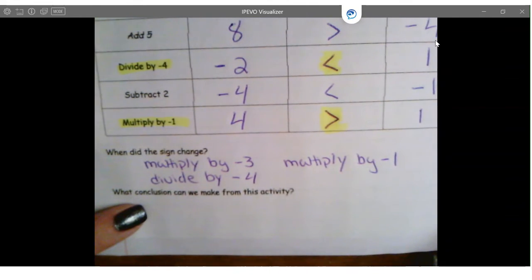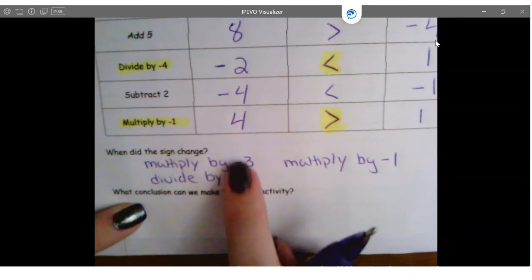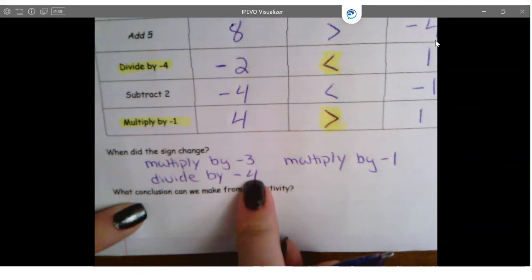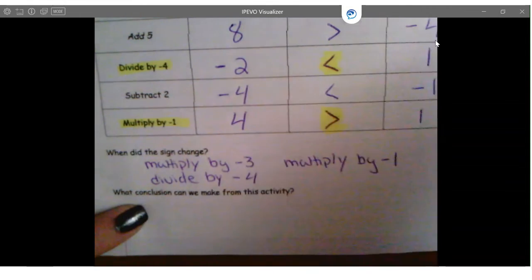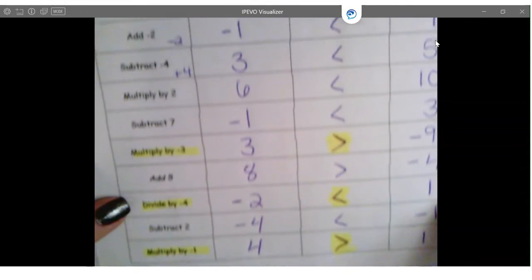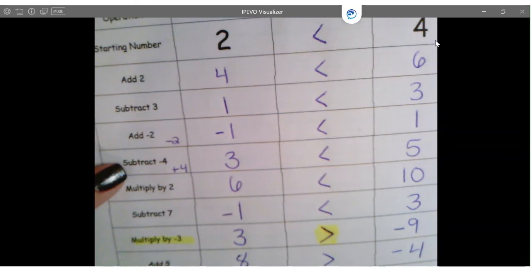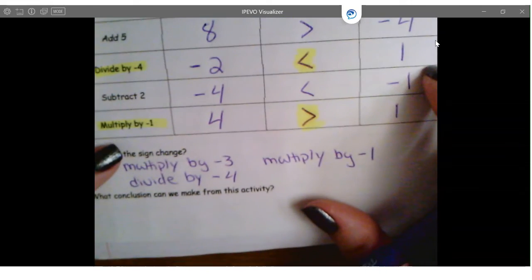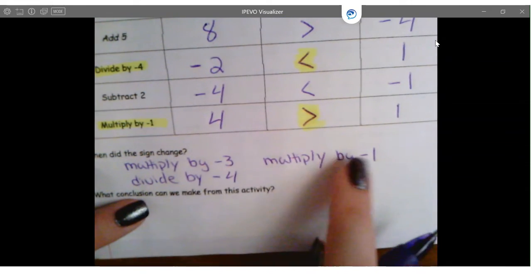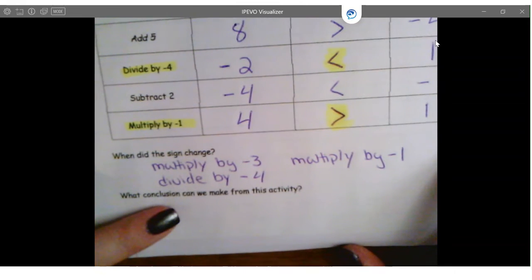So we're going to try and come up with a conclusion about when the inequality symbol will change. They involved negative numbers, but only with a couple different operations. I subtracted a negative number here and it didn't change the sign. I added a negative number and it didn't change the sign. So the negative number is important, but only with 2 of the operations.